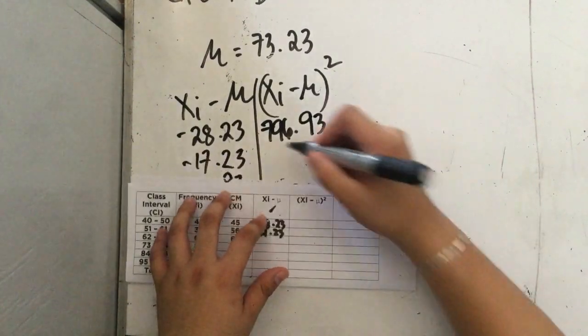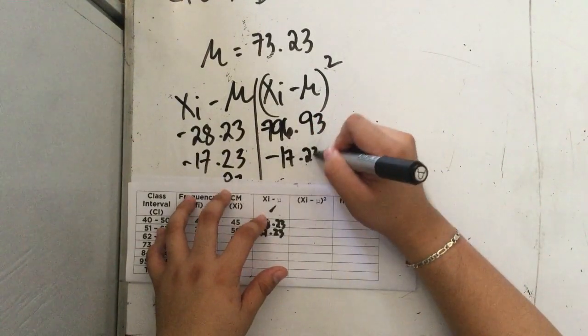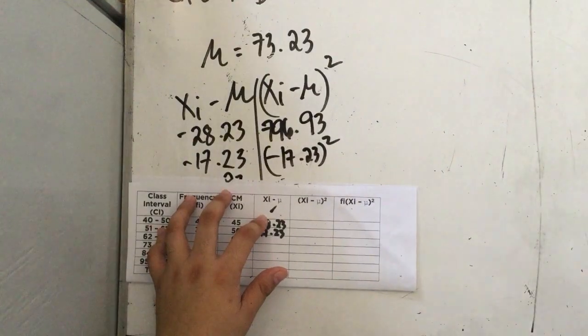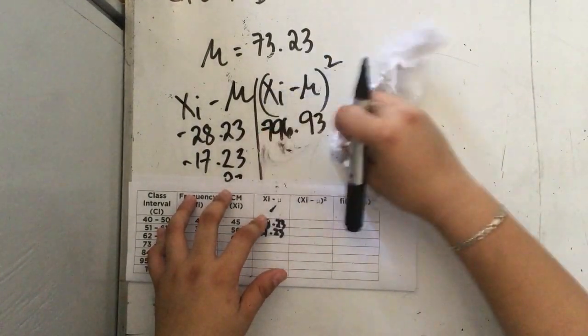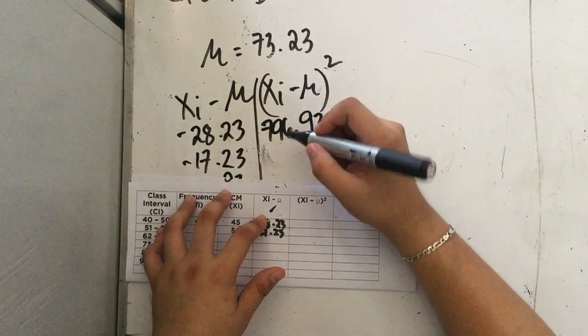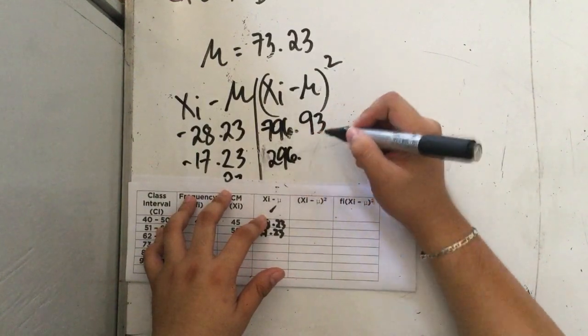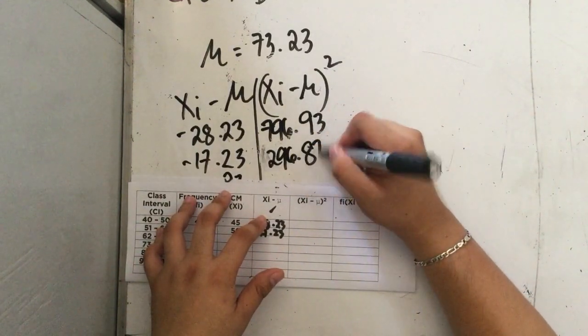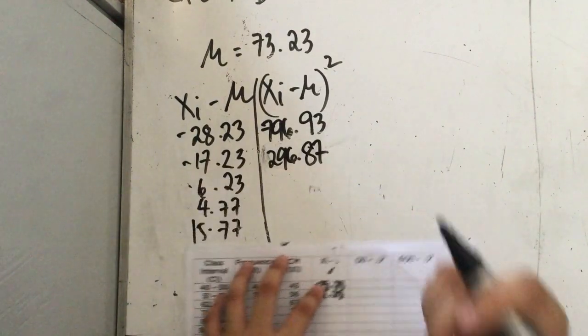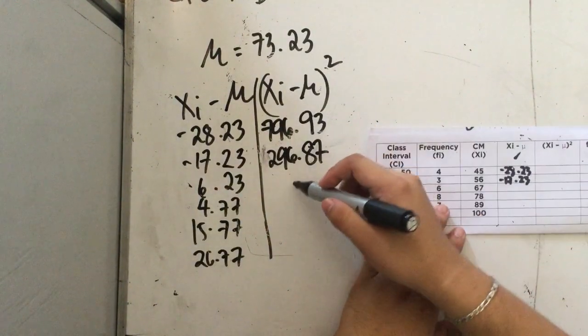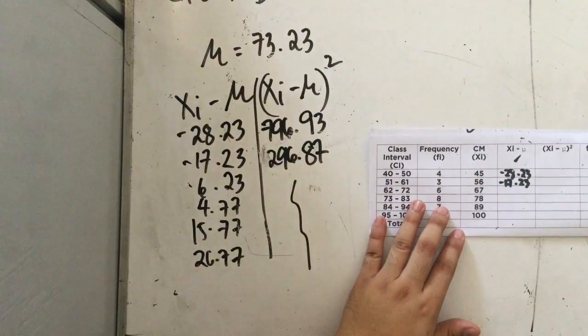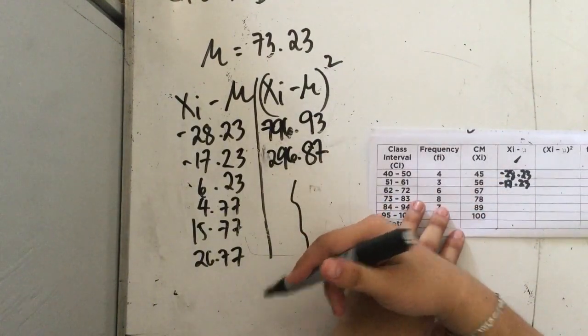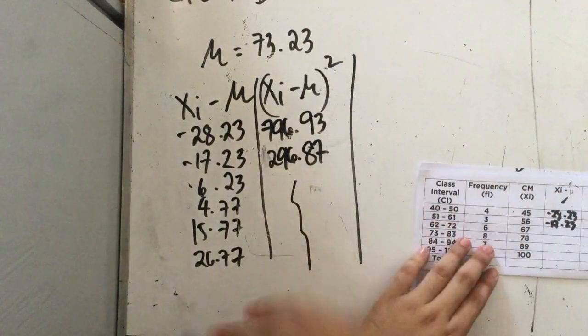Okay, next we have negative 17.23 square, which is actually equal kay 296.87. Okay, so habang sinusundan nyo tong video na to, you can compute for the rest of our table, para may participation pa rin.